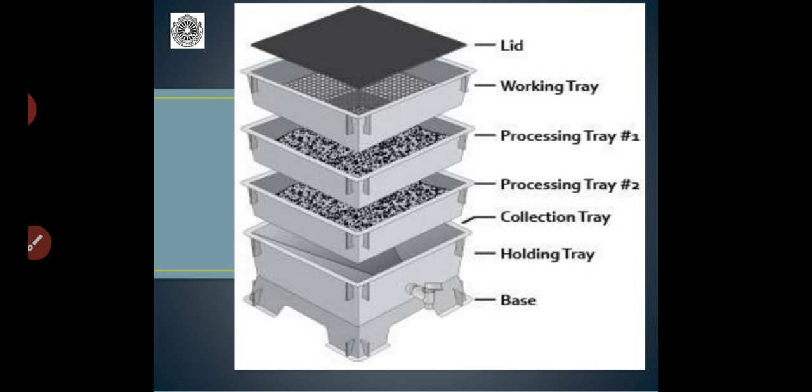However, as you see in the picture, below processing tray 2 there will be a collection tray where the composted organic waste is collected and preserved in the next compartment, called the holding tray.